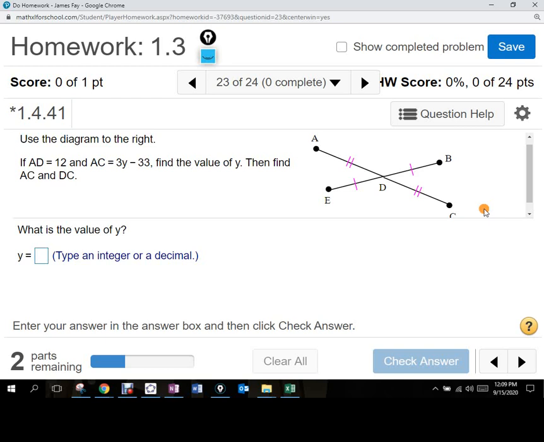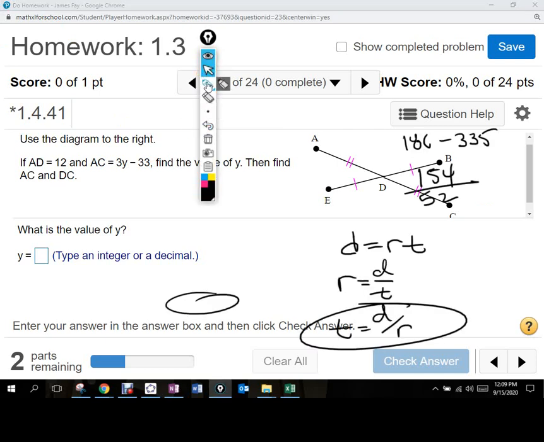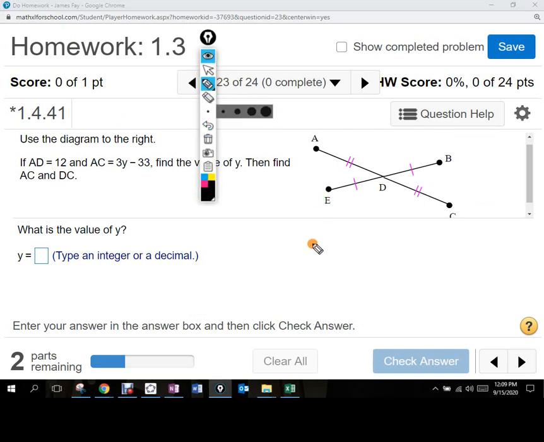So from this, we should get the idea that segment AD, which is this one here with the 2 marks in it, should be congruent to DC, which also has 2 marks in it. ED, the segment with 1 mark, is also congruent to DB.